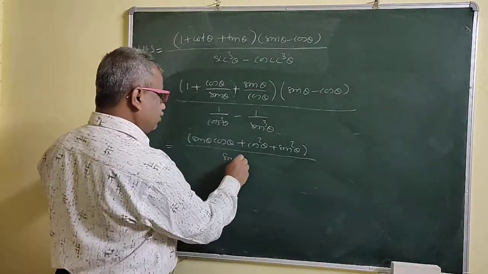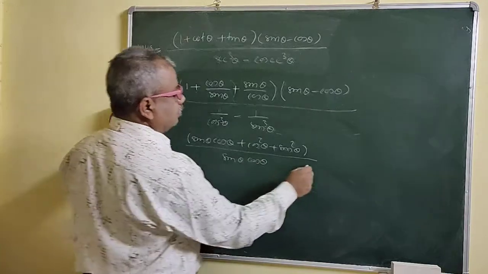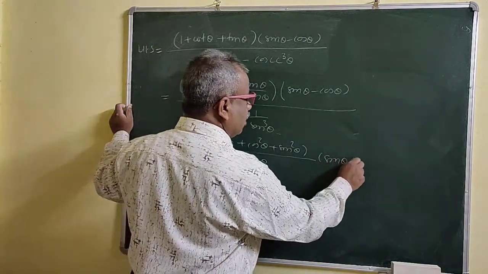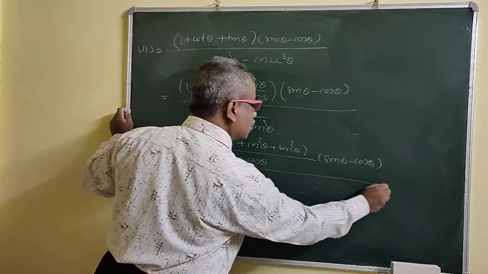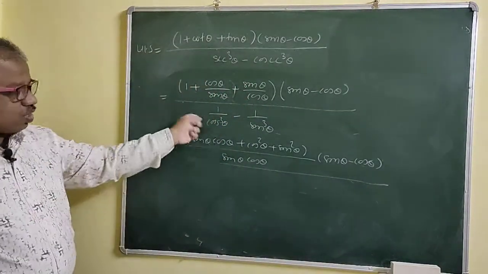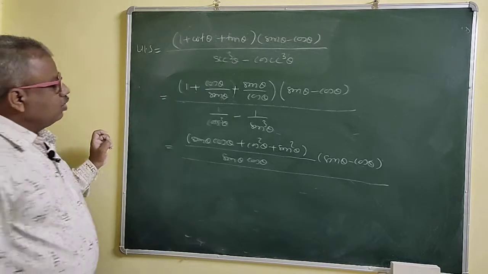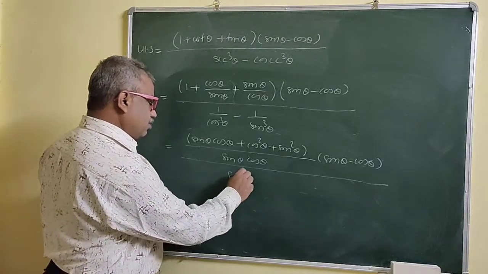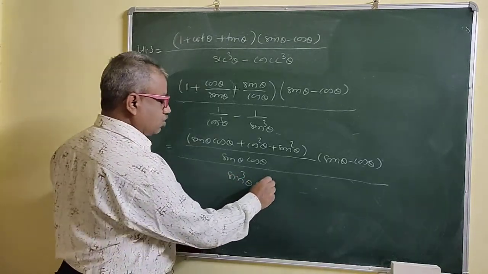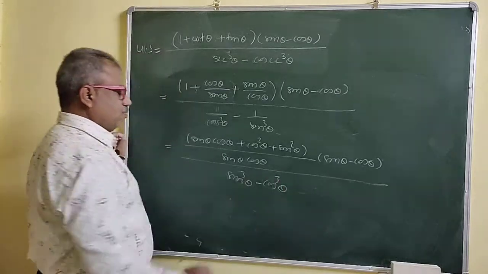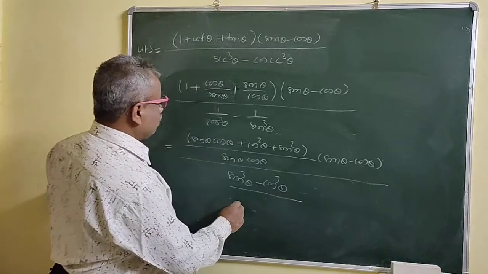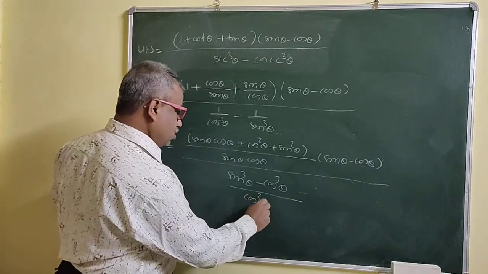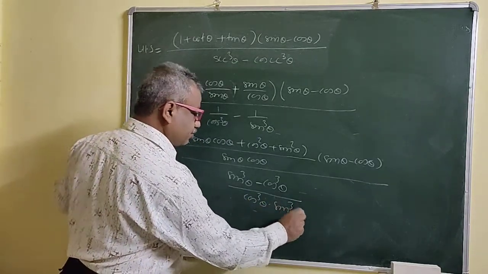sin theta cos theta into sin theta minus cos theta upon, again take the cross multiplication for this one. So this is sin cube theta minus cos cube theta upon cos cube theta sin cube theta.